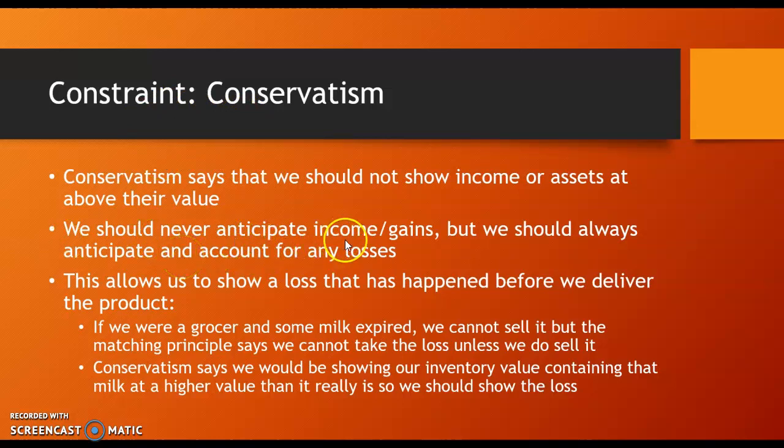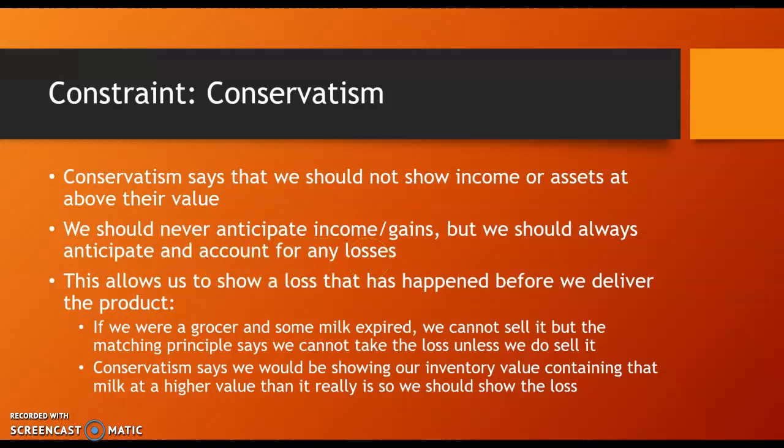We should never anticipate income or gains or record any journal entries that show we're making income that is a little iffy, even if it's only a little iffy, but we can anticipate and account for any losses.